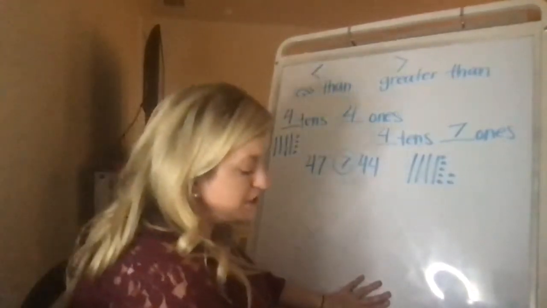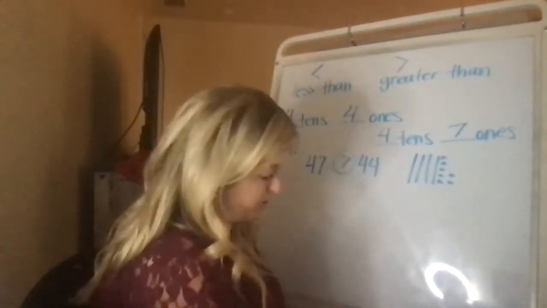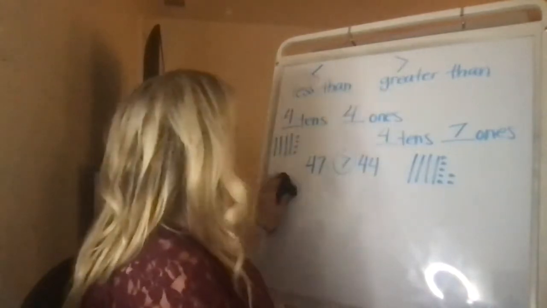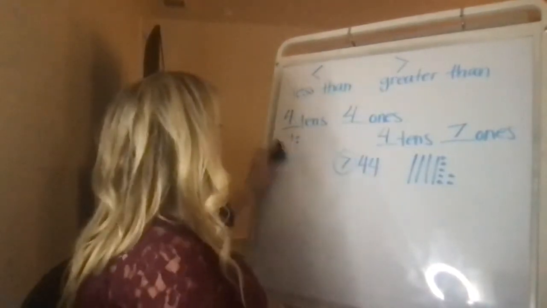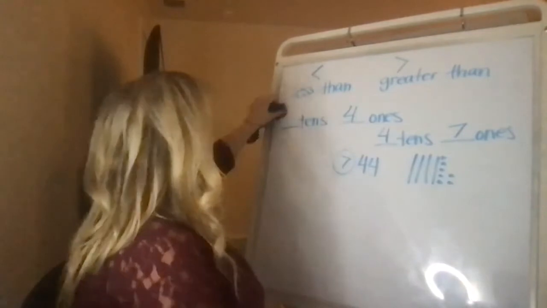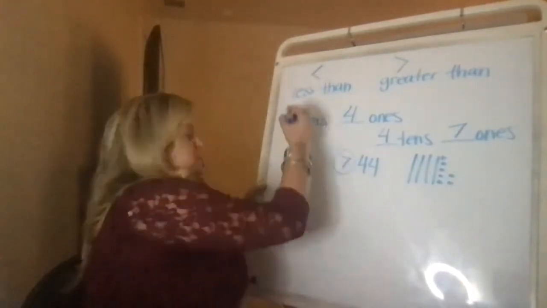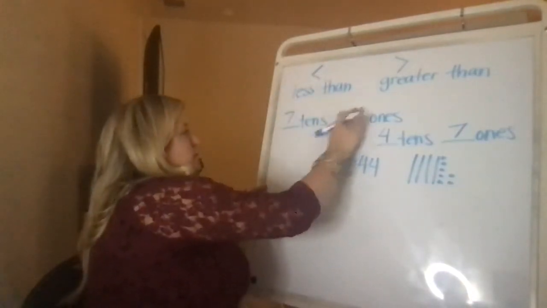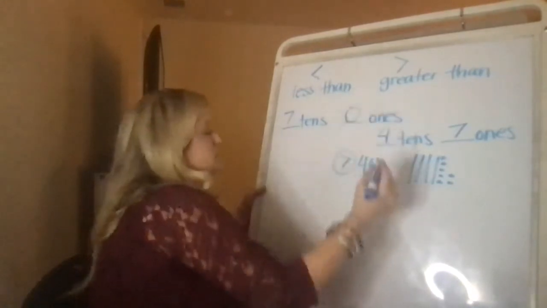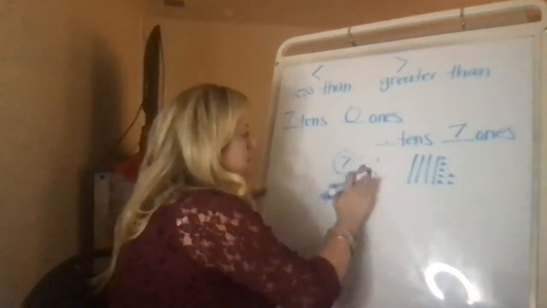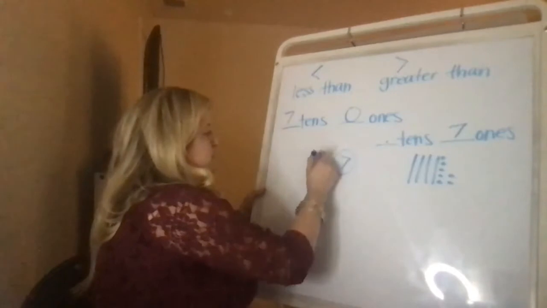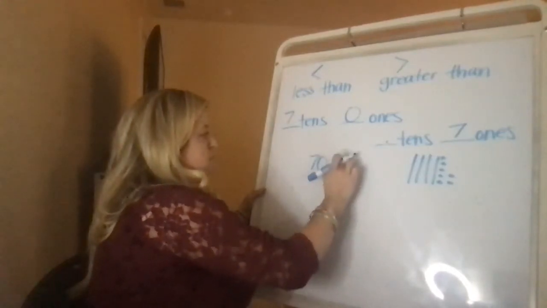Number 2, fill in the blanks, write less than, greater than, or equals in the circle. If you have 7 tens and 0 ones, that would mean you have 70 on this side.